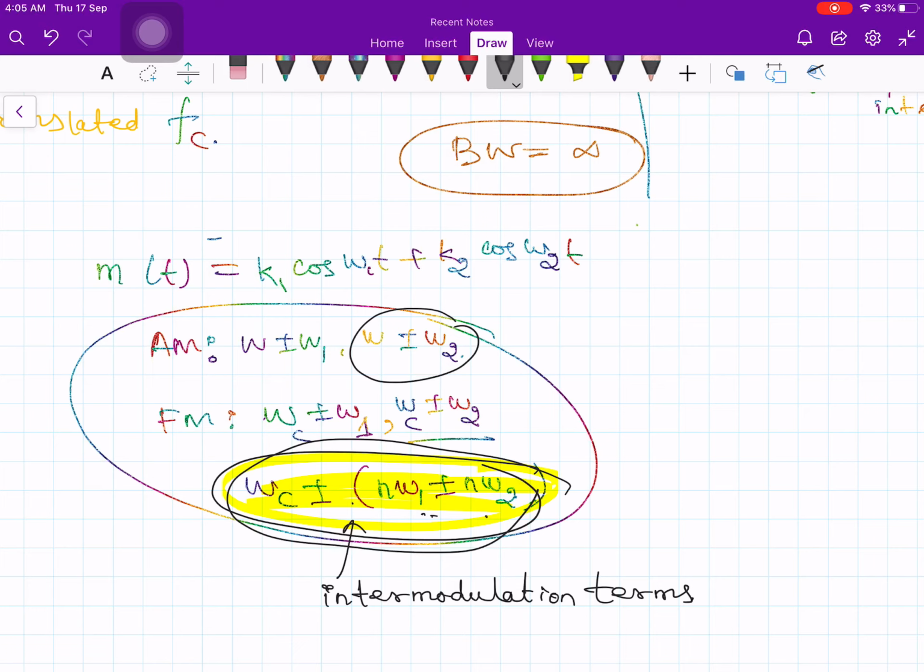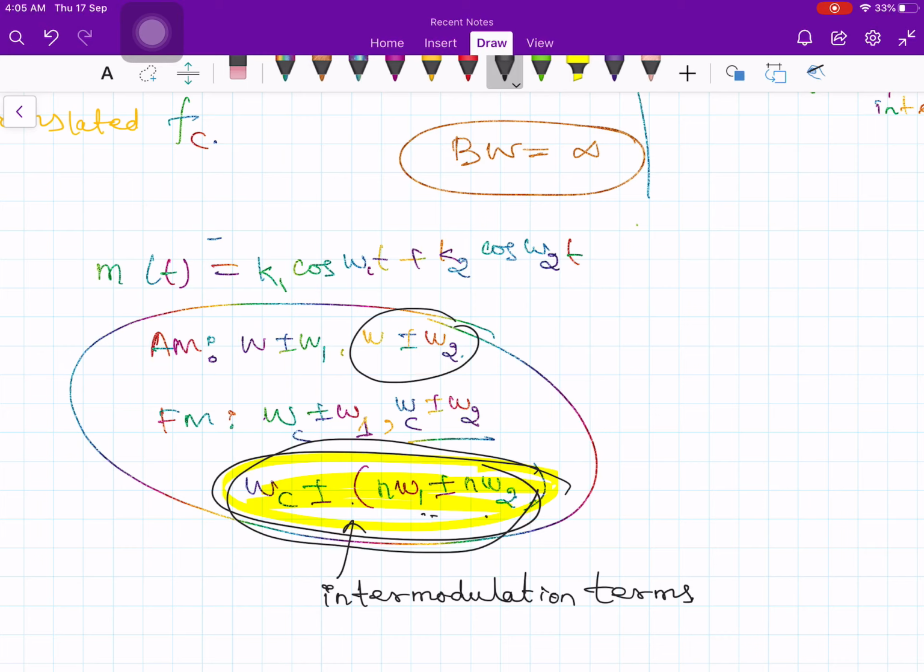Therefore, if your modulating signal is a single frequency component, then you can express the frequency modulated signal by using Fourier series, using your Bessel functions, and you can find the closed form expression for the bandwidth of the FM signal. But if the input is an arbitrary message signal, then you cannot get that closed form expression.